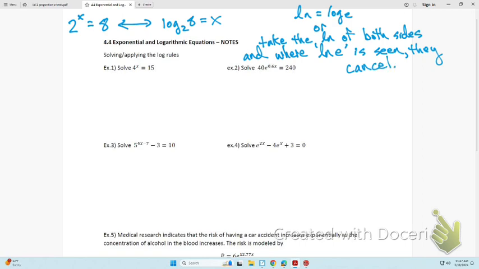It's not necessarily the mathematical reason, but when you see ln and e, they cancel. We'll use that on number 2, 4, and 5. But let's do number 1.